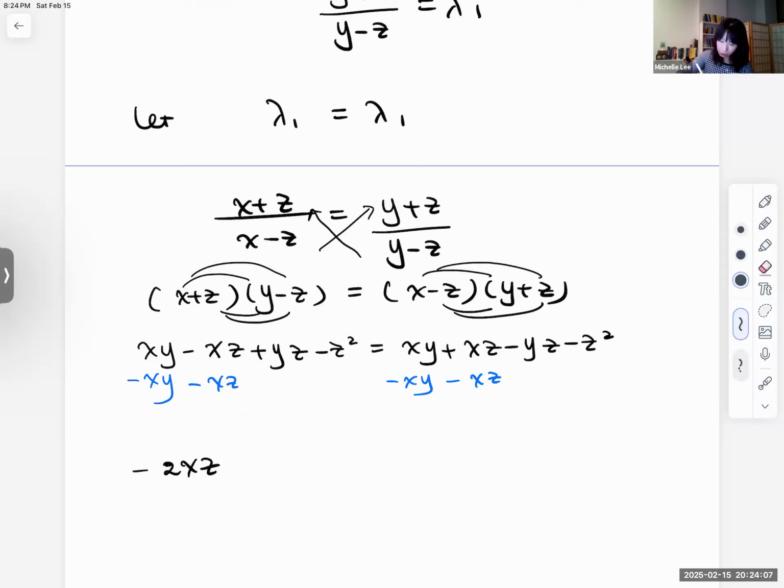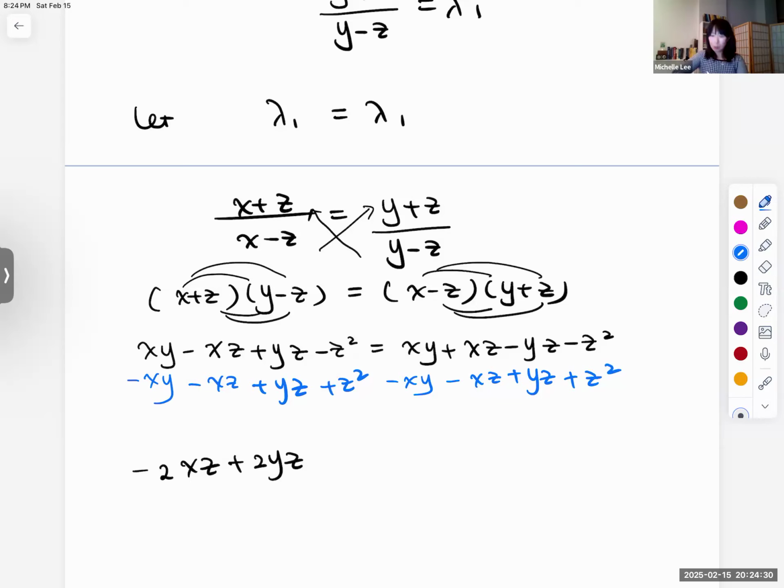Yeah, don't get confused with the 2 and z. And then we have positive yz plus yz, which is positive 2yz, and minus z squared minus negative z squared is 0.